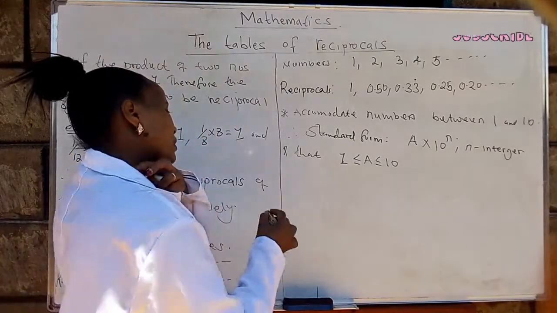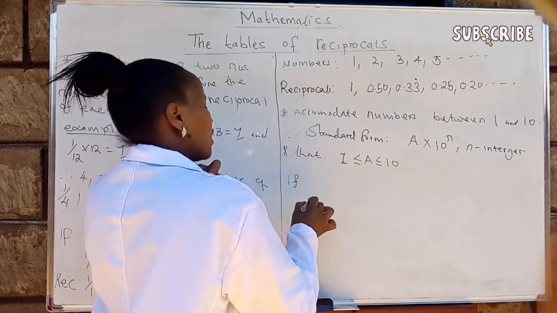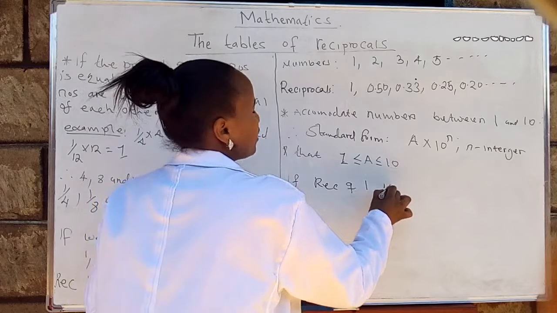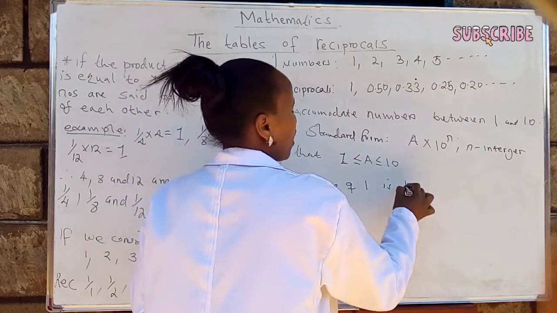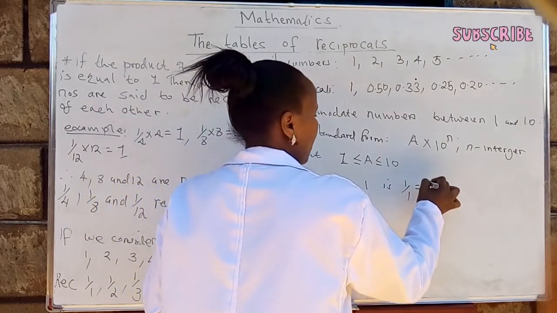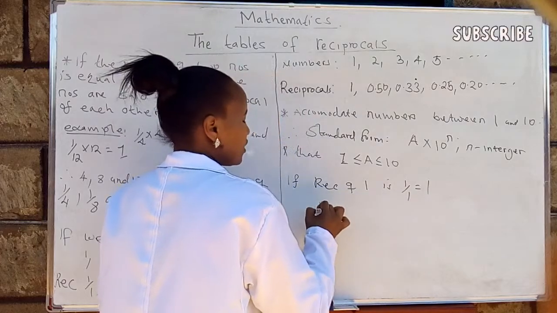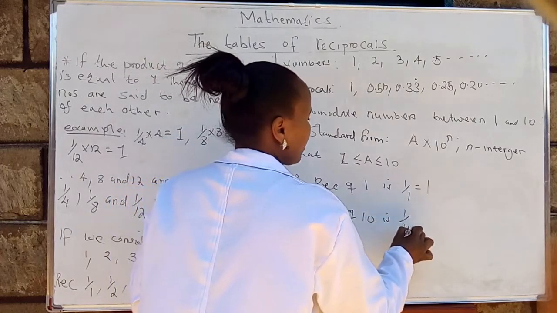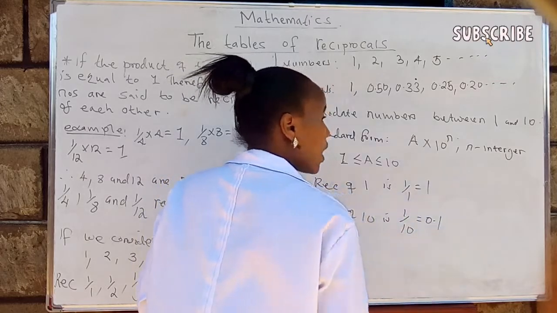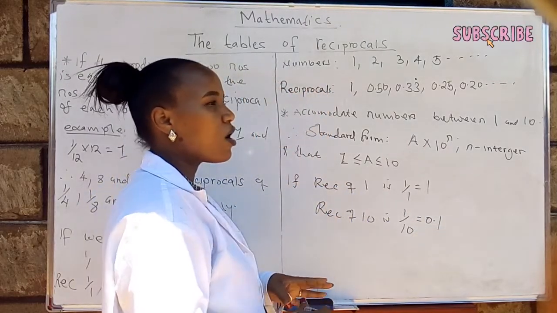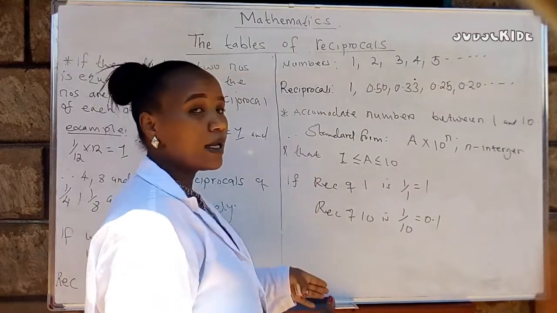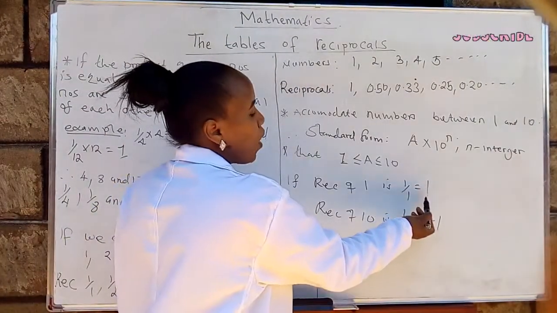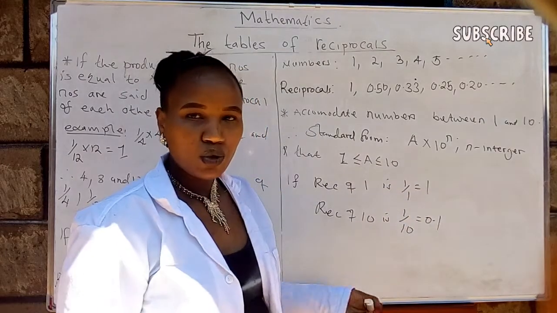Now, this means that if the reciprocal of 1 is 1 over 1 and is equal to 1, and the reciprocal of 10 is 1 over 10, which is equal to 0.1, then it means that all the numbers between 1 and 10, their reciprocals should lie between 1 and 0.1.